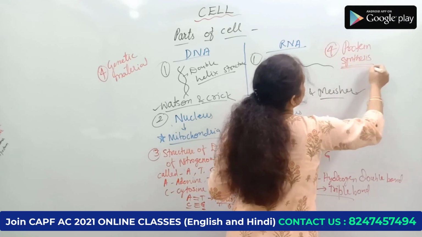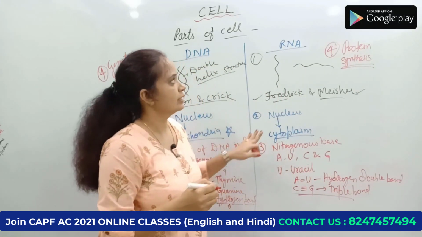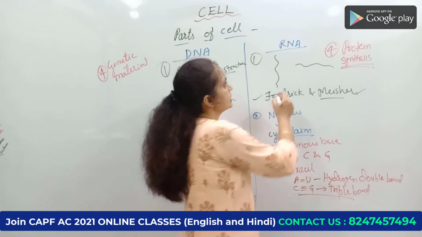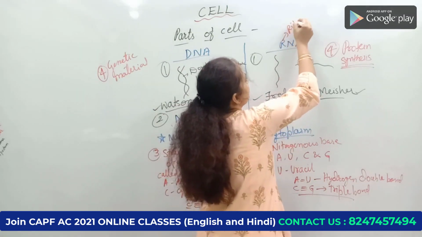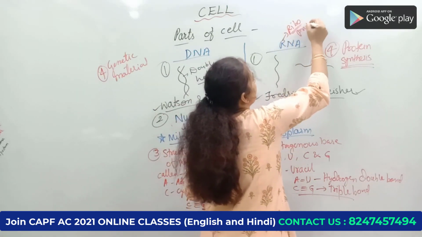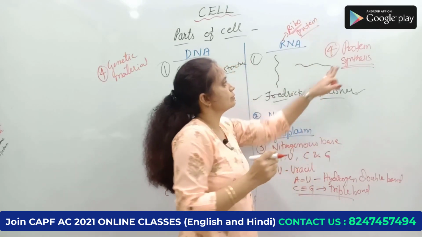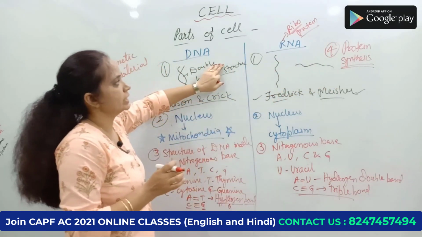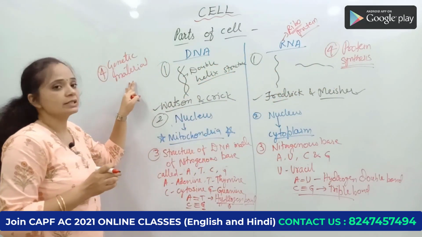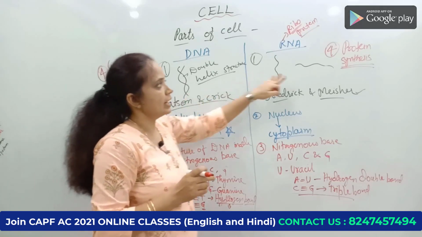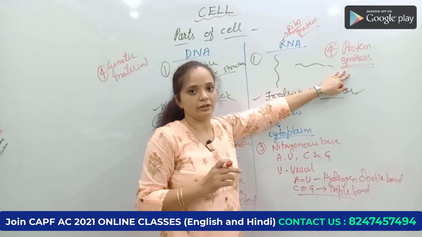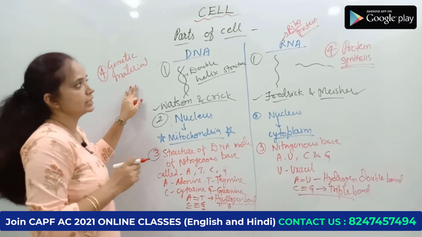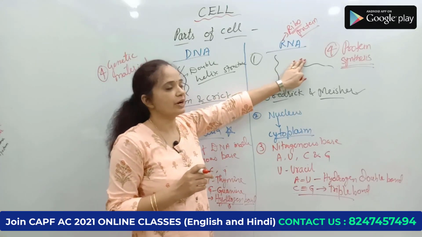RNA helps in protein synthesis. Ribo means protein, so it helps in protein synthesis. That's the main difference between DNA and RNA: DNA consists of genetic material, and RNA synthesizes protein. Now let's see how different genetic material is present in DNA and what the different types of RNA are.